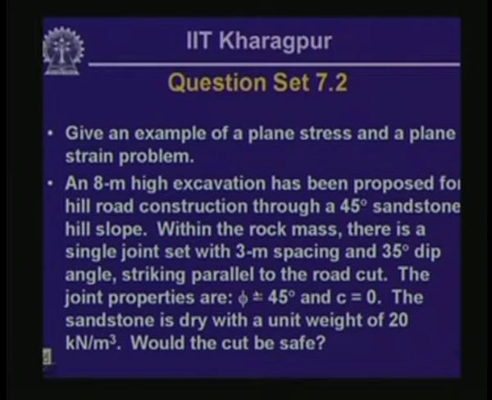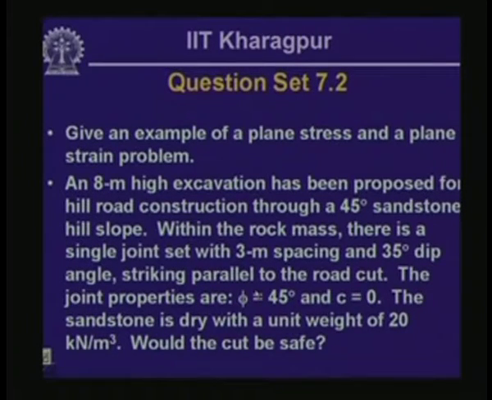In this case what I asked is that there is an 8-meter high excavation proposed on a hill slope, a 45-degree sandstone hill slope, and the rock underlying this particular hillside has got a single joint set which is striking parallel to the road cut, and it has got 3-meter spacing and 35-degree dip angle.